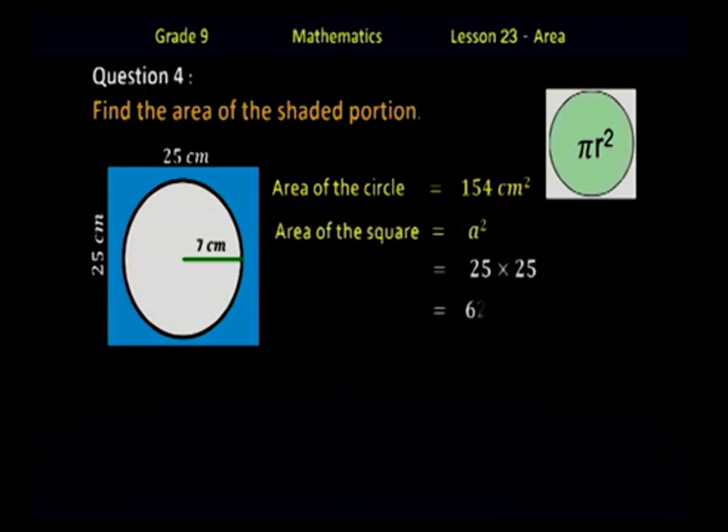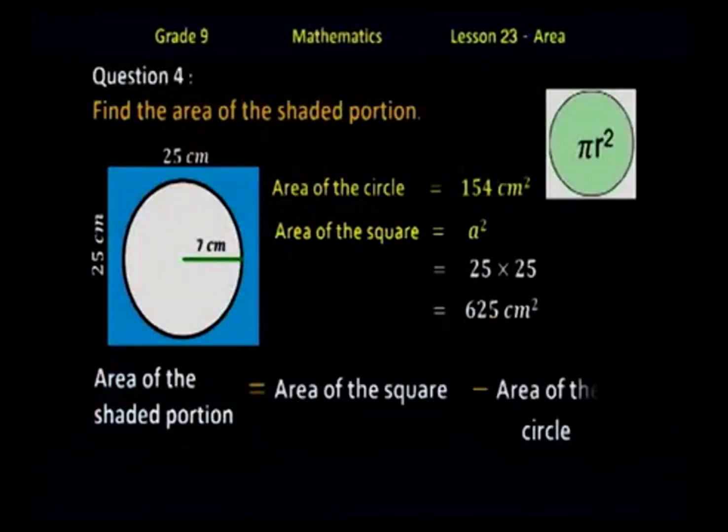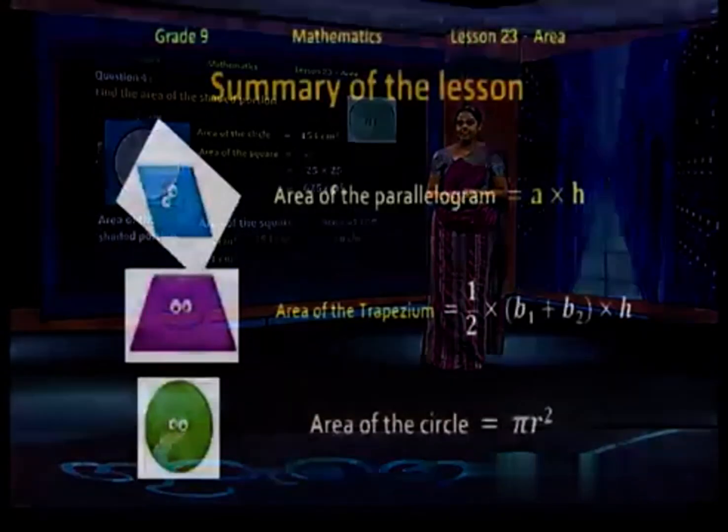What is the value? The answer is 625 square centimeters. Now you have enough information. To get the area of the shaded portion, subtract the area of the circle from the area of the square. 625 subtract 154. The answer should be 471 square centimeters.